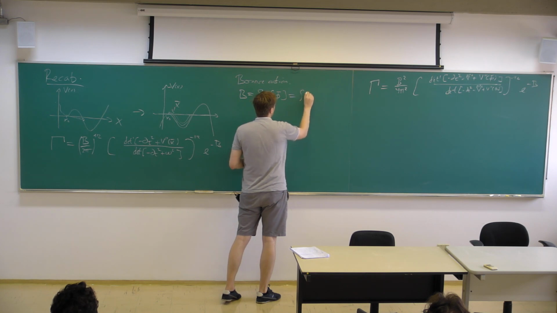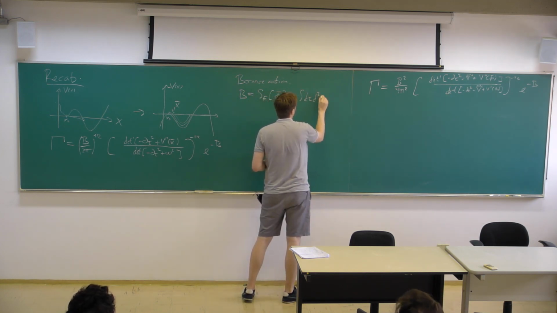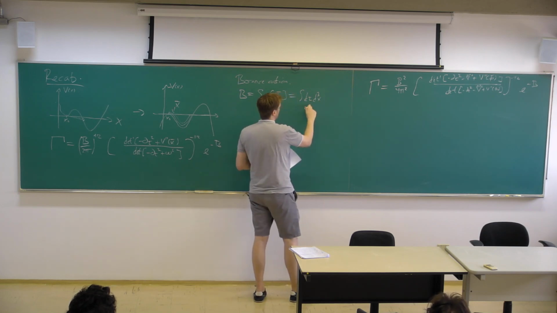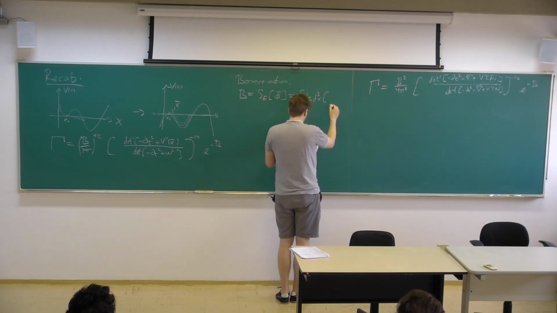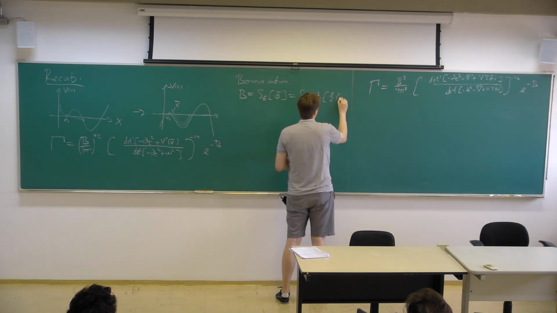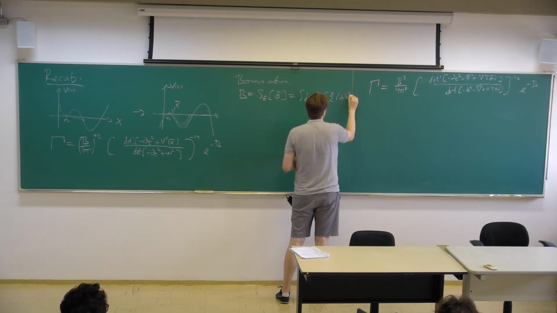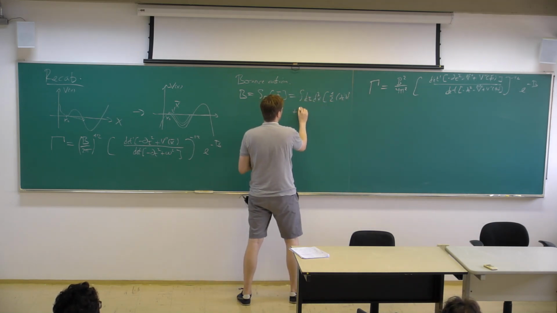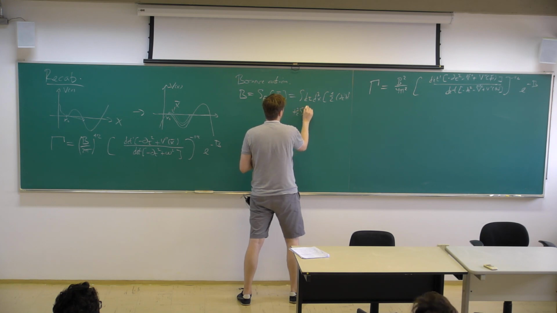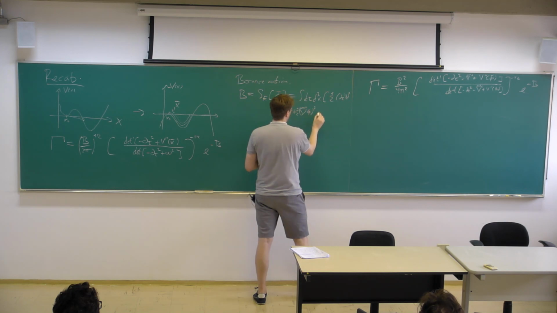And the Euclidean action for the scalar field theory is just given by the integral over tau in Euclidean space, d3x, and then we have a kinetic term: the time derivative with respect to tau, and the spatial derivative.